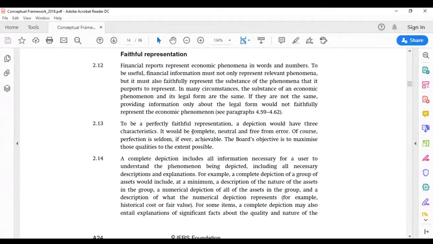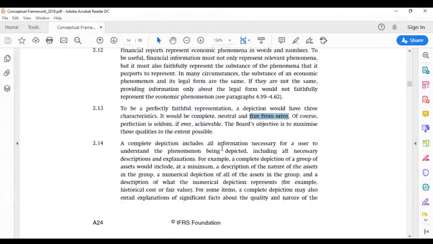It must, first of all, be complete, right? It must be complete. So there must be nothing missing. Secondly, it must be neutral. And thirdly, it must be free from error, right? They say there, of course, perfection is seldom, if ever, achievable. But clearly, we strive to make it as complete and as neutral and as free from error as possible.